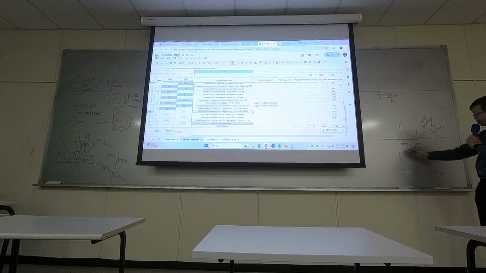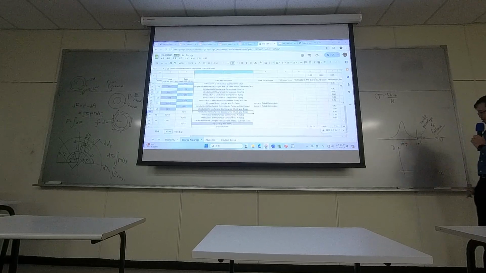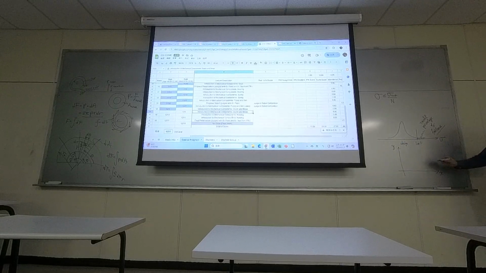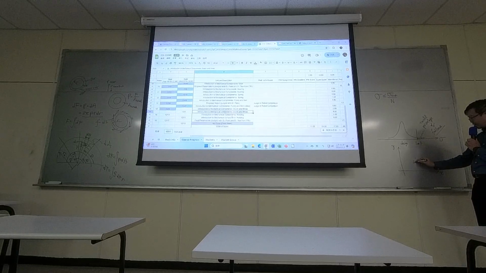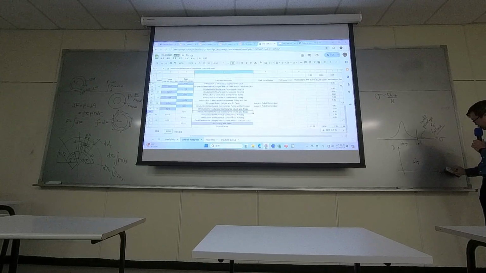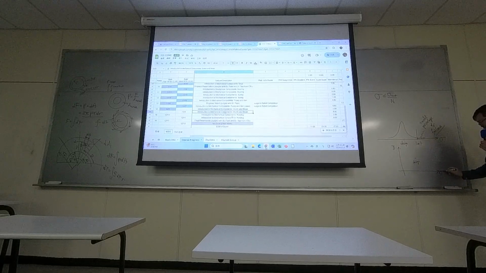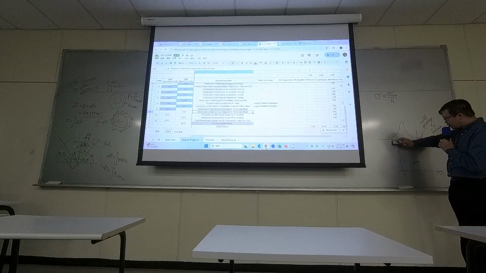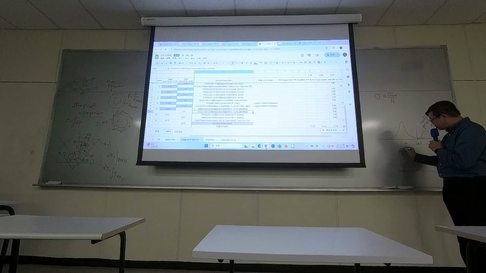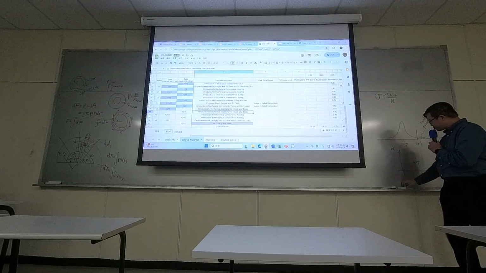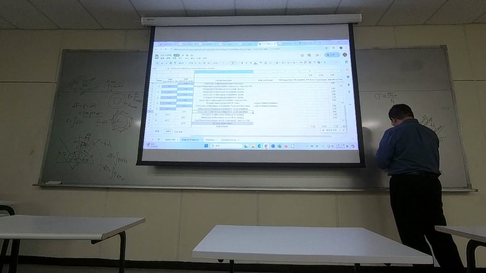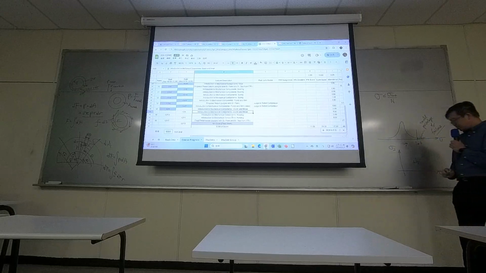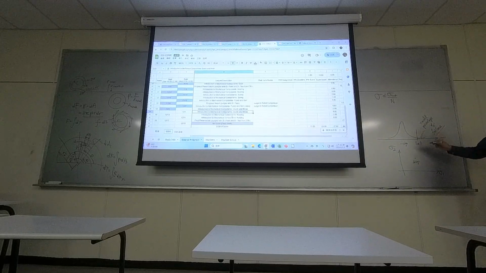Maybe this is your coordinate, x and y. And here is one of your designs. Okay, and maybe this is stress 1 and here is stress 2. You have an upper limit for stress 1 and an upper limit for stress 2.